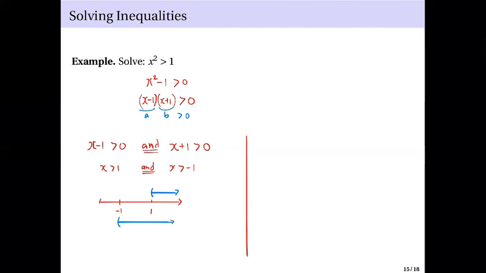If I get my x somewhere here, although it satisfies the inequality x greater than -1, it does not satisfy the other inequality, x greater than 1. So you would see that the region we require so that these two inequalities are satisfied is this part in here.